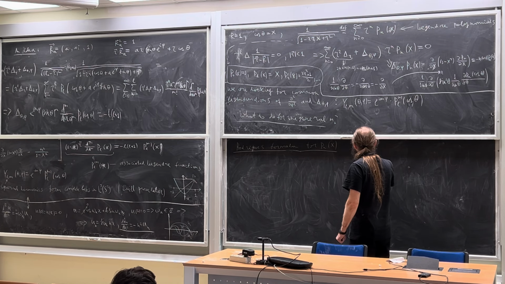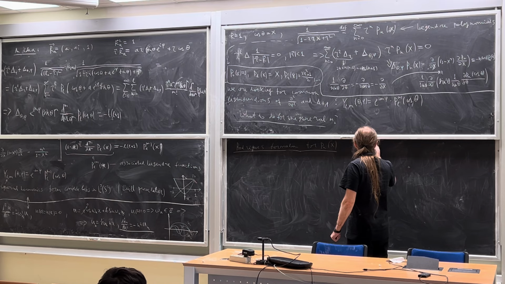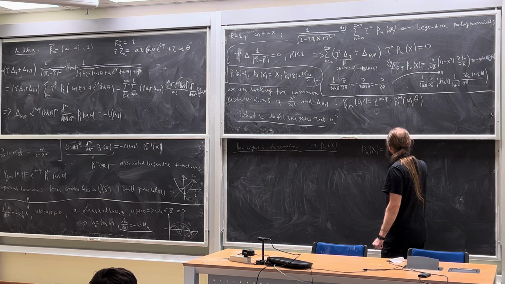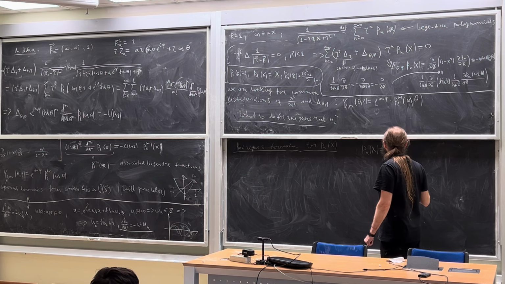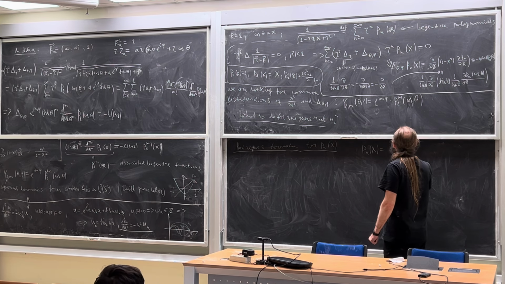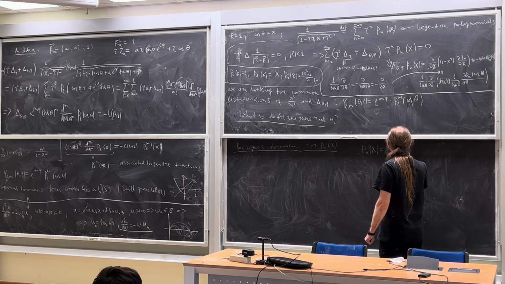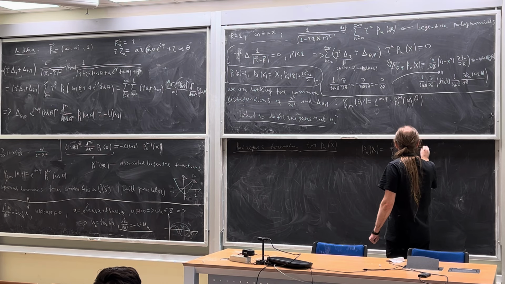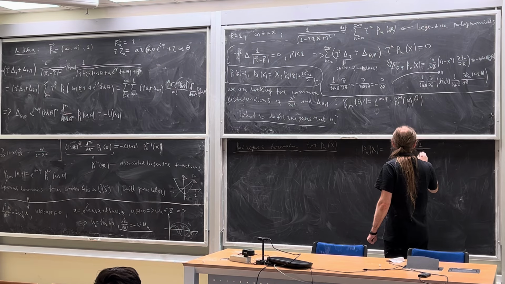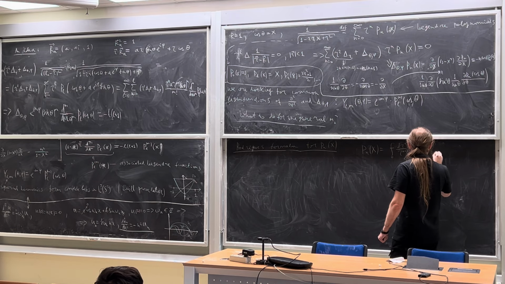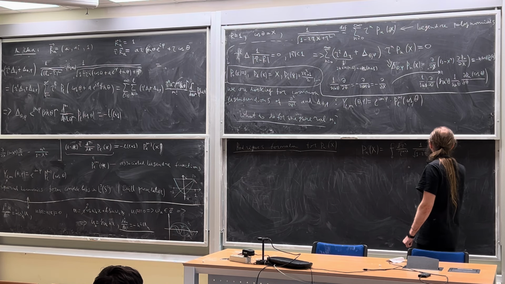So we can write that Pn of x is the integral around 0 of dr to the n over r to the n plus 1, 1 over the square root of 1 minus 2rx plus r squared.